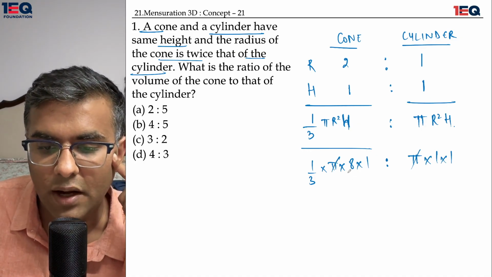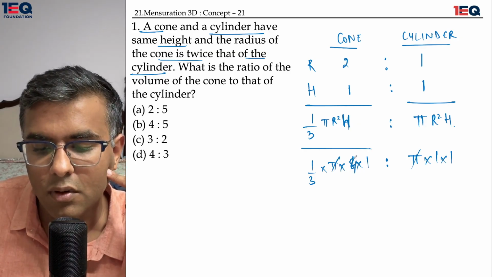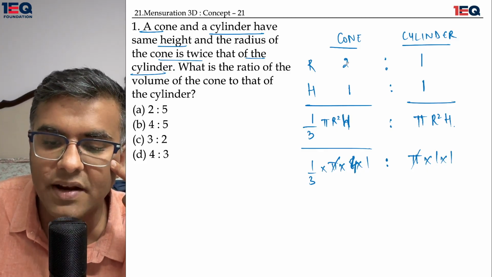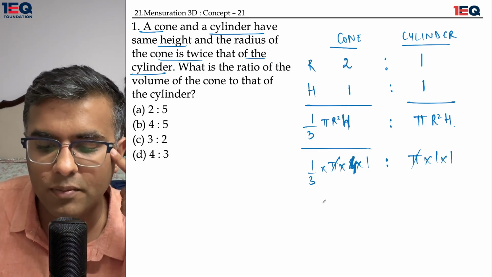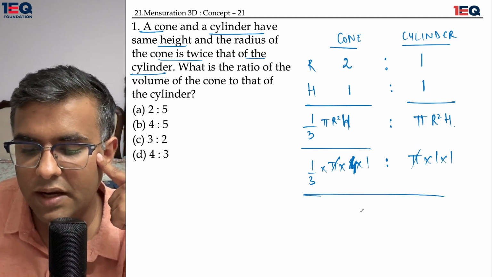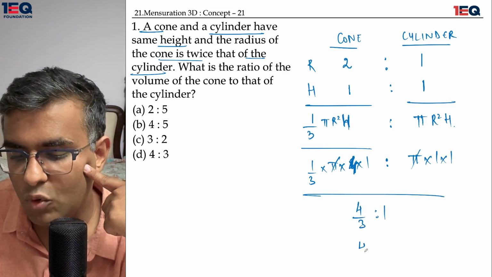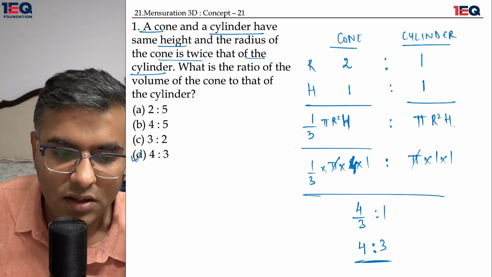The pi and the pi get cancelled. This is not 8, this is basically 4. Why? Because r is 2 and r square would be 4. So 4 is to 1. From here I can deduce that 4 by 3 is to 1 is my answer, or more simply 4 is to 3 is my final answer.